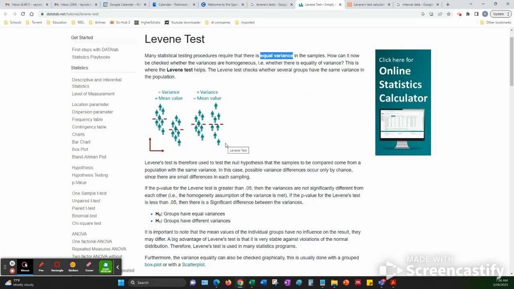A Levene's test tests whether one group has the same variance as the other group. So in this situation, we can have a mean value, represented by the dashed bar here in these two groups, and they have different means, but the amount of information that's in there is actually the same.